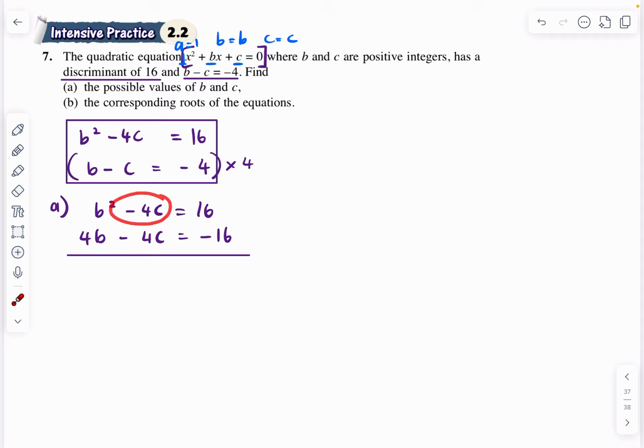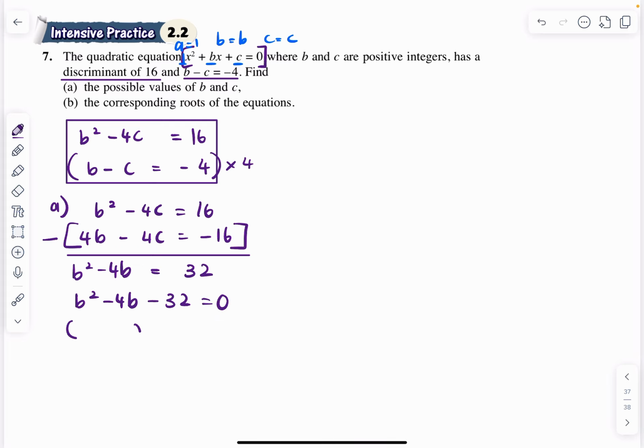So negative 4c and negative 4c can be eliminated by minusing off each other. So the first one will be b square minus 4b. Negative 4c minus negative 4c cancels off. 16 minus negative 16 will be 32. So b square minus 4b, 32 we bring over this side, minus 32 equals to 0.